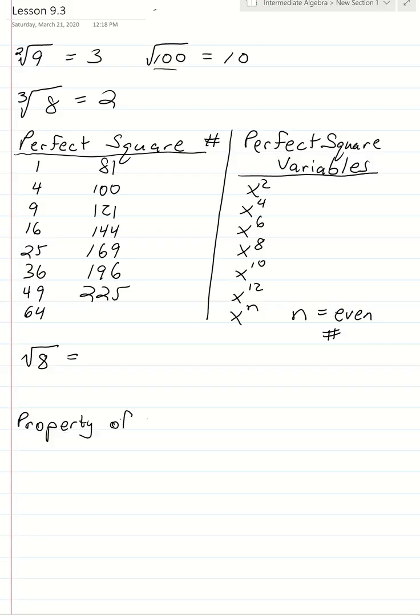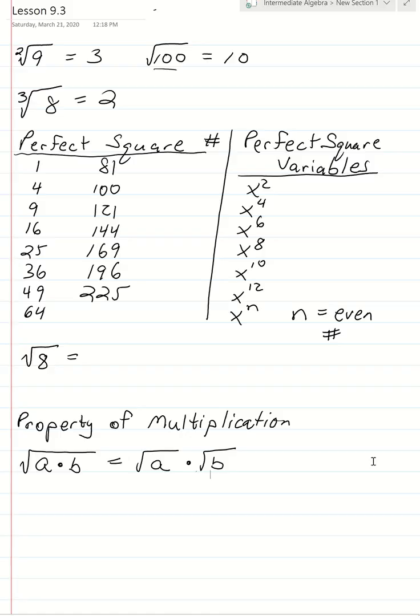The property of multiplication tells us the following, that the square root of a times b equals the square root of a times the square root of b. So what this is basically telling us is that you can distribute a power, or in this particular case, you can distribute a radical over multiplication.